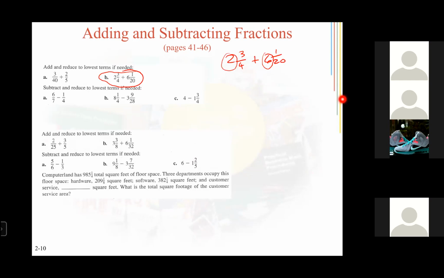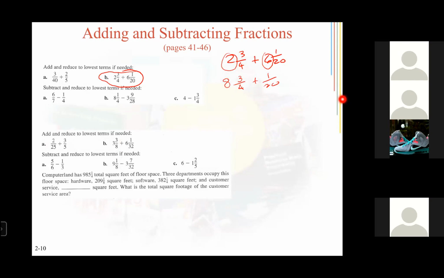You would get 8, and then you would have the 3 over 4 plus the 1 over 20. I mean, you can do 2 4s, 8, that's 11 over 4, and 6, that's 1, 21 over 20. You could do that, but you have more involved working. So if you do the whole numbers first, that would kind of simplify your working.